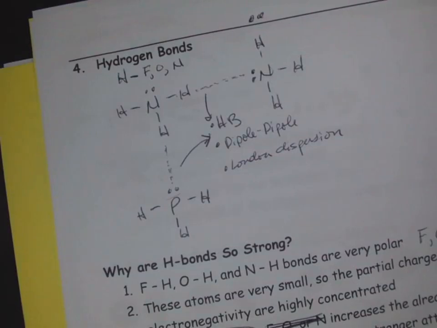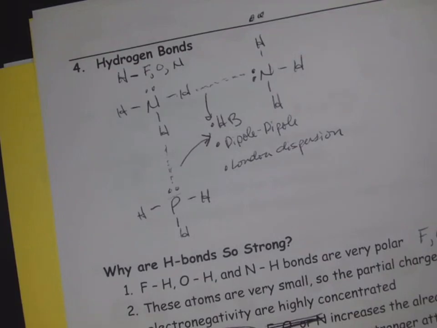So hydrogen bonding, dipole, and London dispersion. London dispersion can be all by itself. Dipole cannot. It will always be partnered with London dispersion. Hydrogen bonding cannot be by itself. As soon as you have hydrogen bonding, you also have dipole and London dispersion.